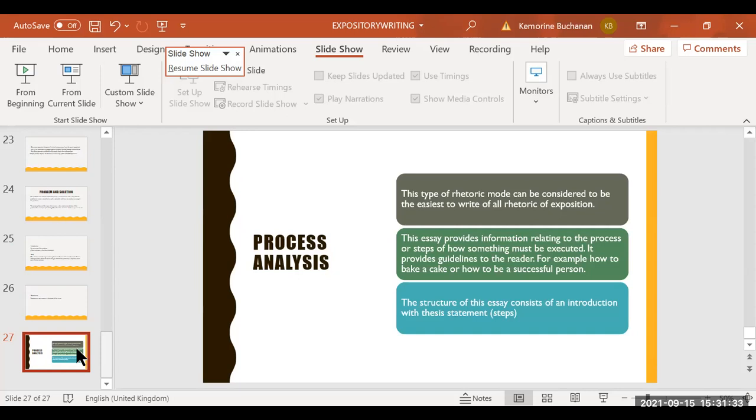So whenever you're thinking of process analysis, think of any cookbook where they'll give you all of the ingredients and they'll tell you, all right, first you get your blender, you put your flour in, you put the egg in, you put the sugar in, you put your butter in, then, and that will be the next step. Then you mix it until it is smooth. If you're going to add fruit, this is where you would add your fruit. So you add your fruit to that process.